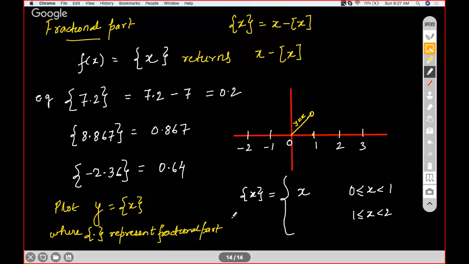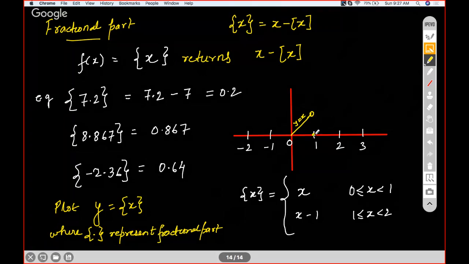If you take 1.7 also, it will give you 1.7 minus 1. If you take 1.9 also, it will give you 1.9 minus 1. So in general, can I say it is giving you x minus 1? Yeah. So x minus 1 is basically a line y equal to x minus 1, which means the same line shifted 1 unit to the right.